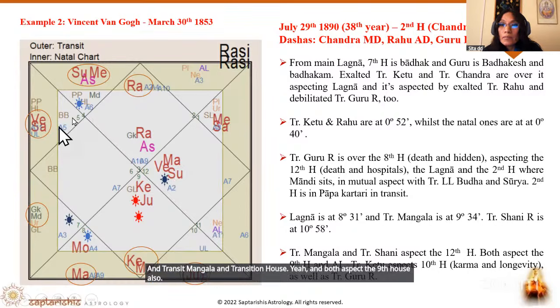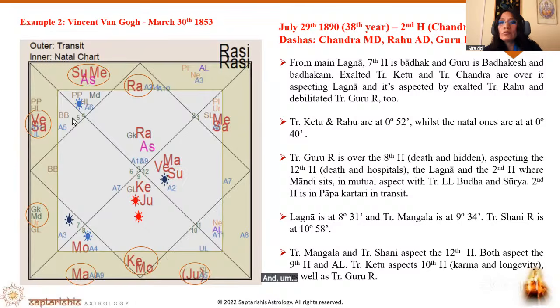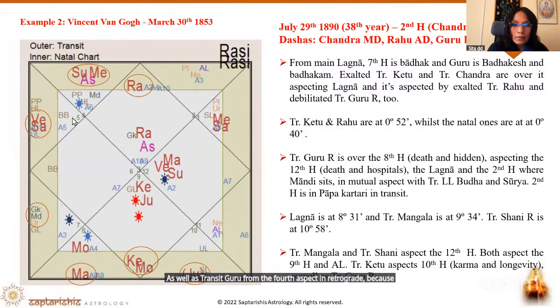And Aruda Lagna. Transit Ketu aspects the 10th house of karma and longevity, as well as transit Guru from the 4th aspect in retrograde, because all the planets have also 4 aspect.